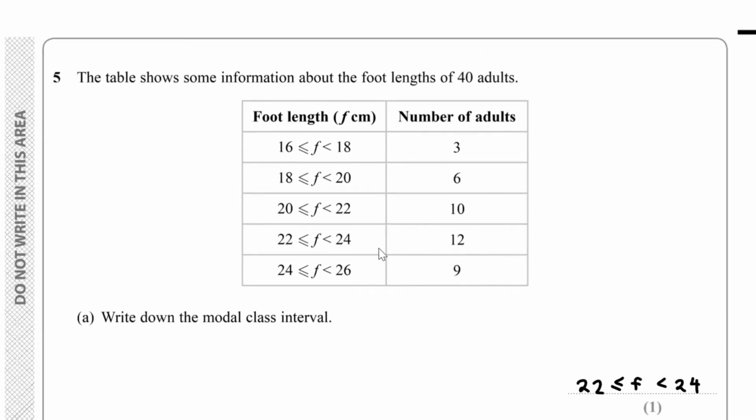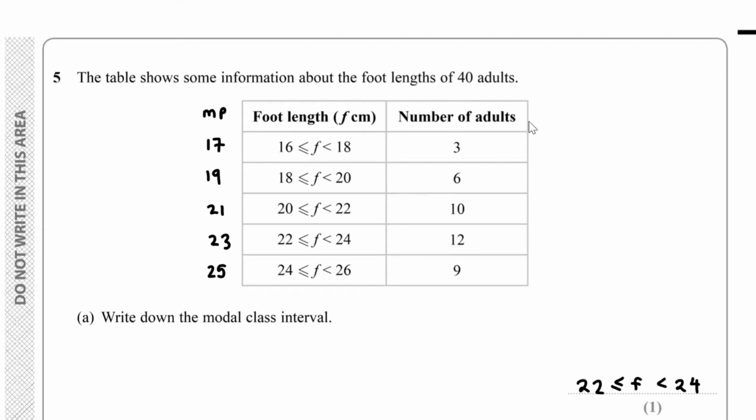Well, before we do anything else, we need to find out the midpoints of each of these intervals. Here we have 17, here we have 19, here we have 21, here we have 23, and here we have 25.